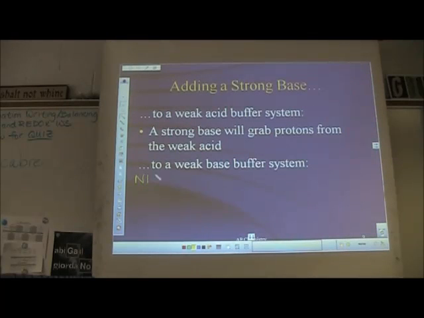One final example. Let's go with a different strong base. Let's go really bizarre. Let's go rubidium hydroxide. All right, we'll list out our major species. It's our final example.